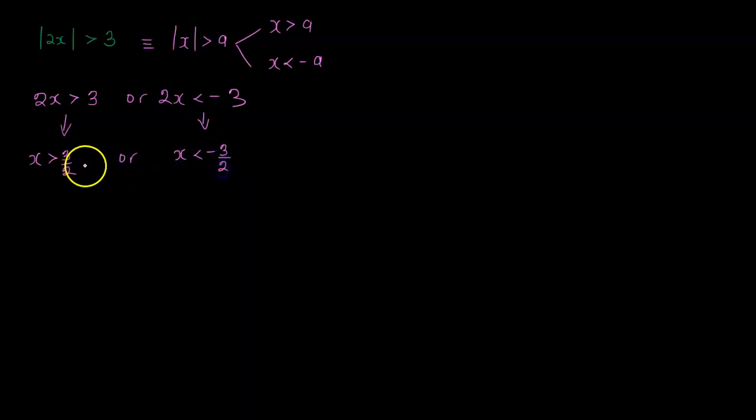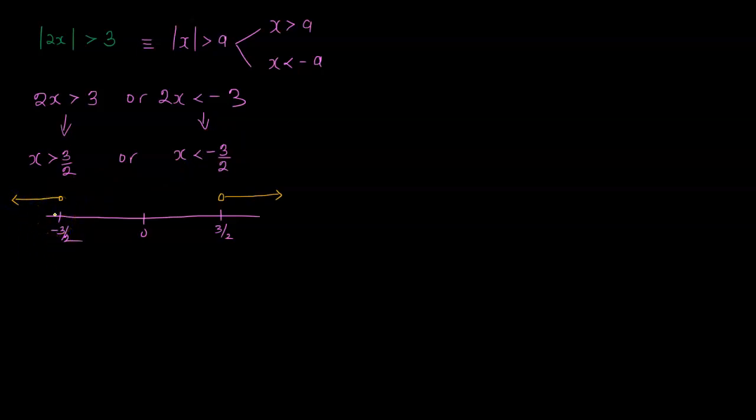So if I plot the number line, we would see that the first one, x greater than 3 over 2, and x less than negative 3 over 2, we can see all of the values to the left of negative 3 over 2.